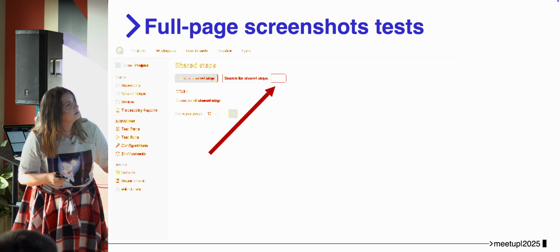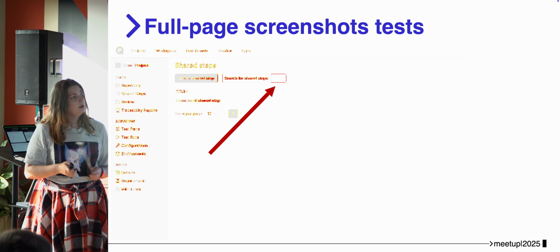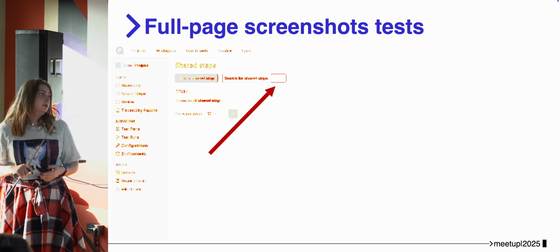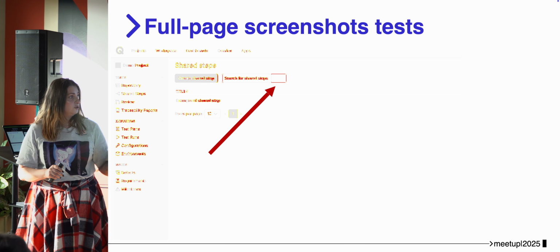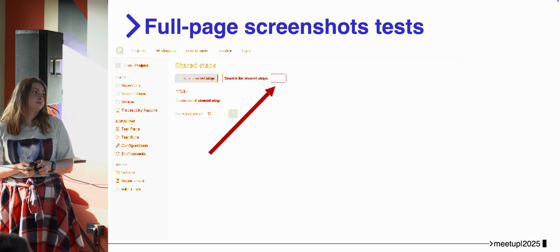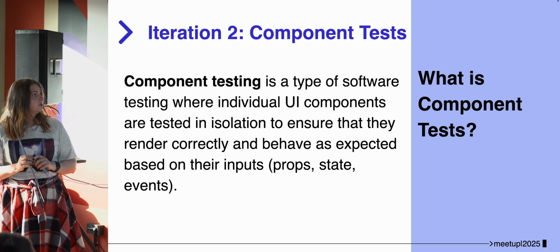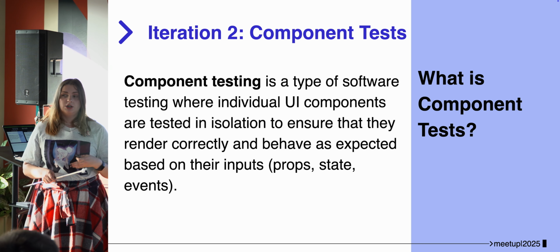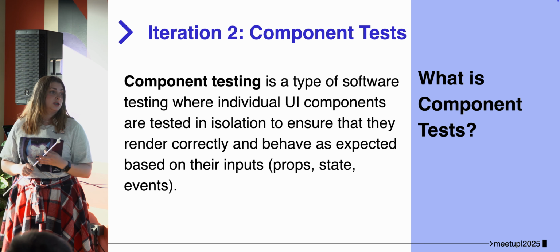Here you can see a red square, and it is different, but the search input works correctly, and we now have to resolve this issue.